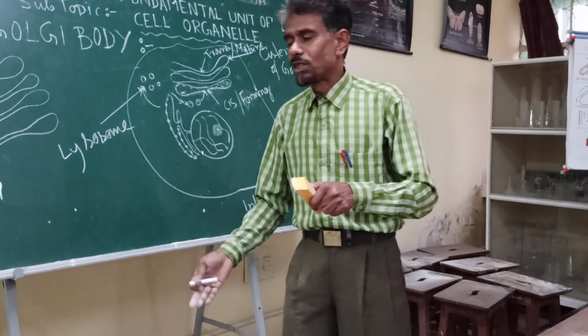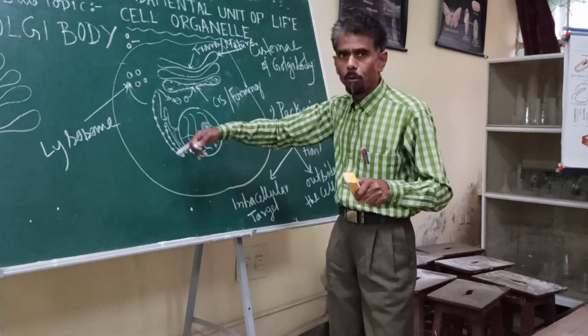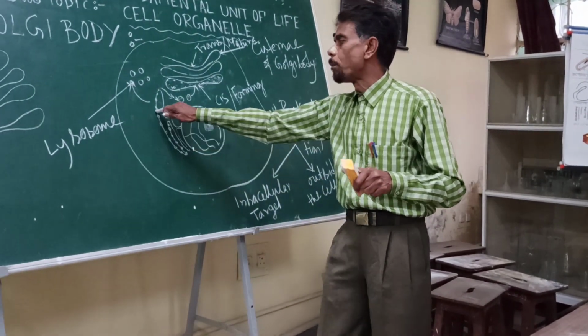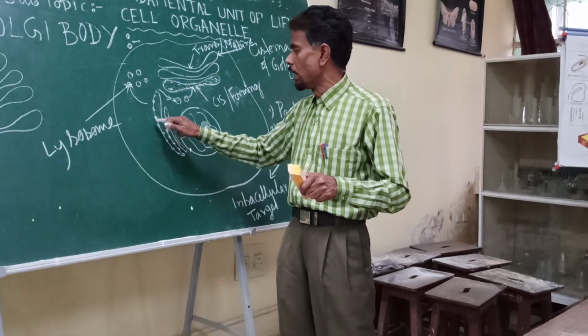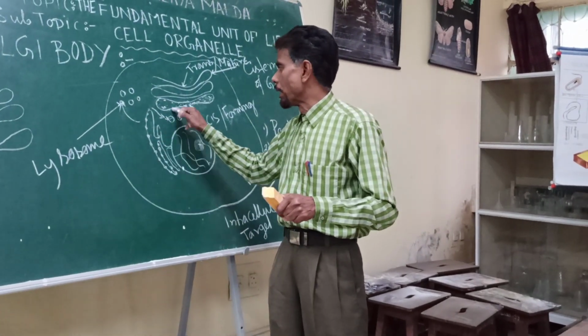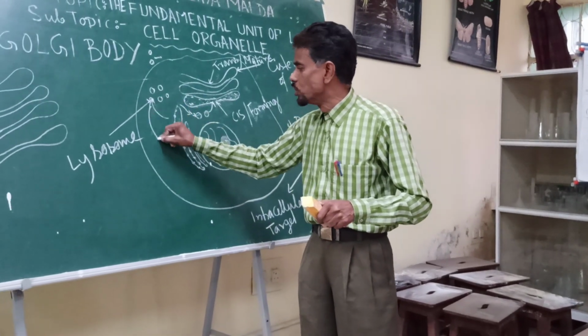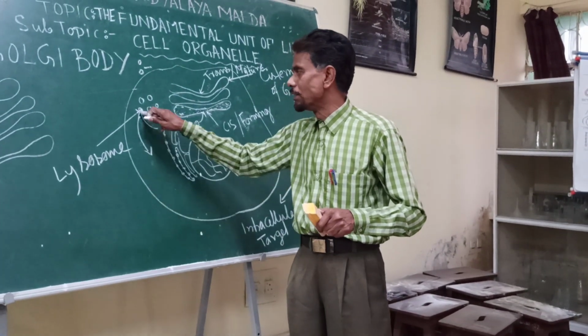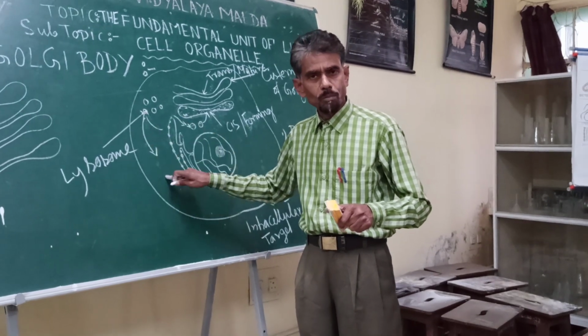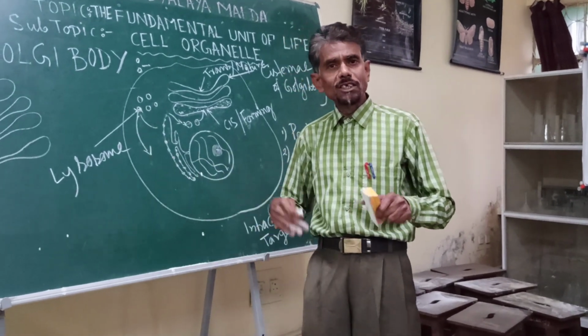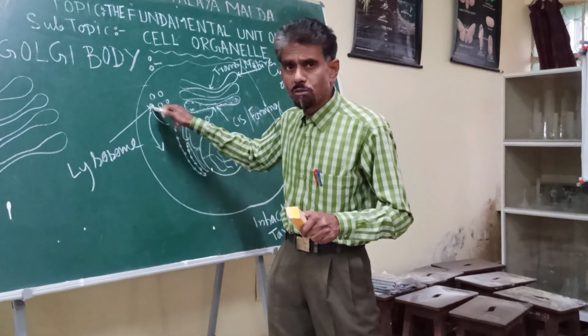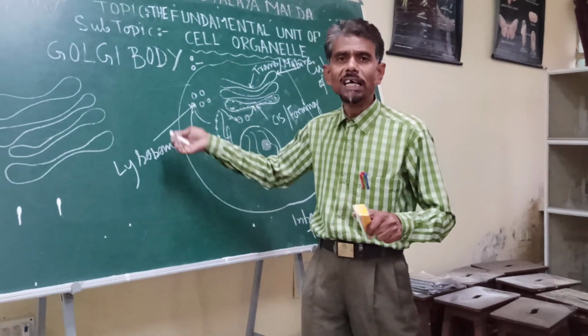In old stage, when the cell becomes old, the torn out particles of the cell and organelles are also digested by the enzymes secreted by the lysosome. And in extreme cases, the enzyme secreted can also digest the lysosome itself.